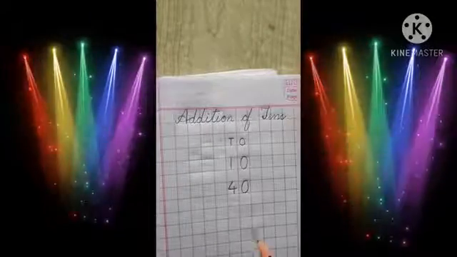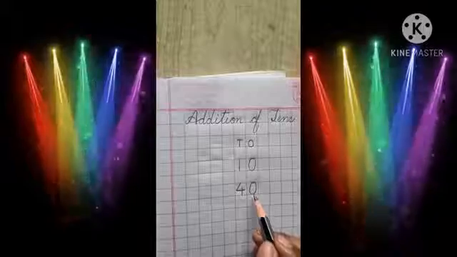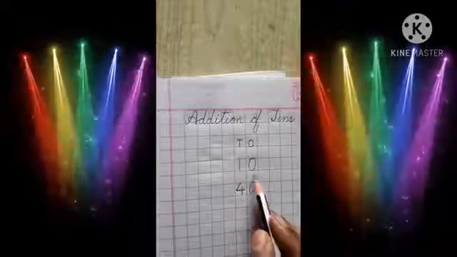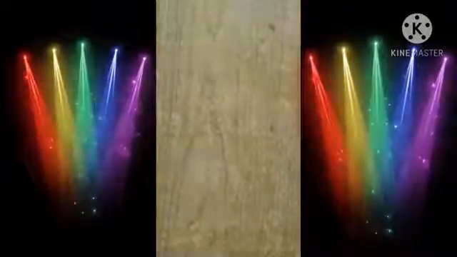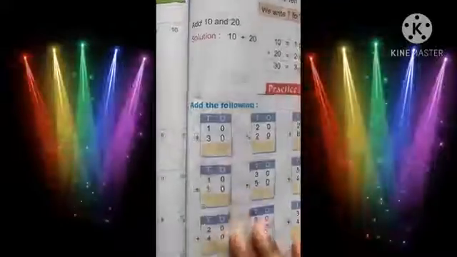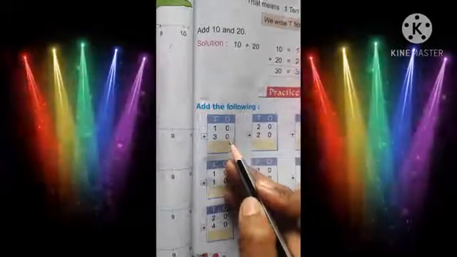So if we add these two, 0 will add with 0 and 1 will add with 4. Now in this exercise, see, 10 will add with 30.